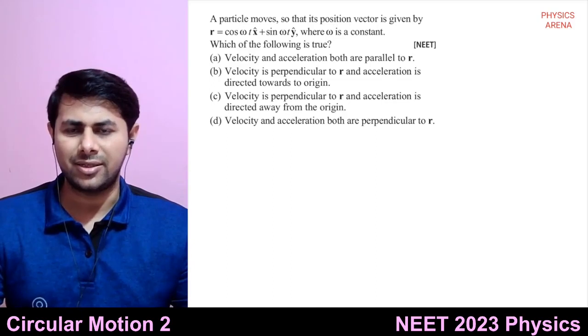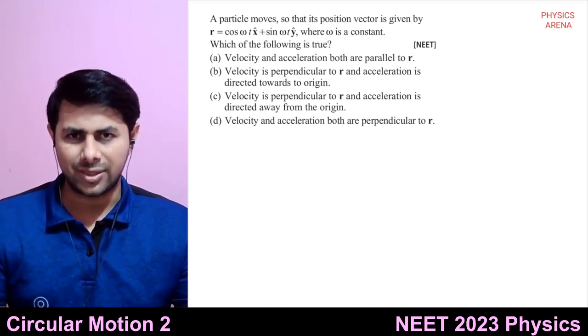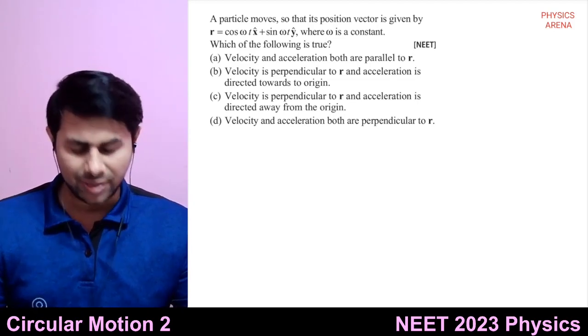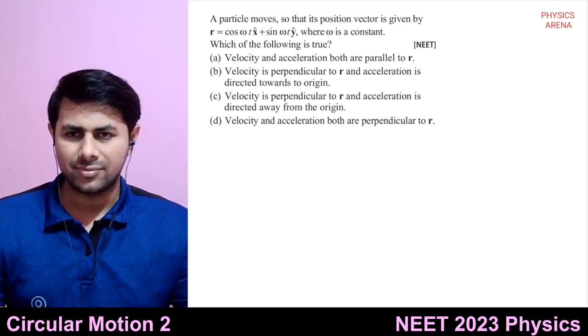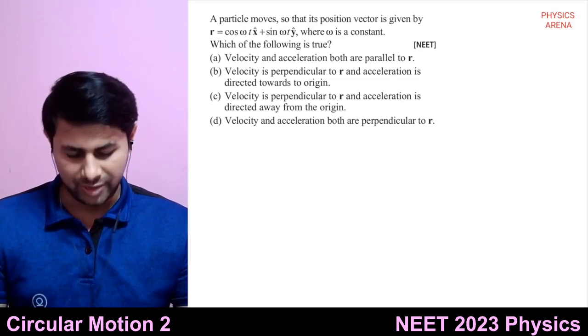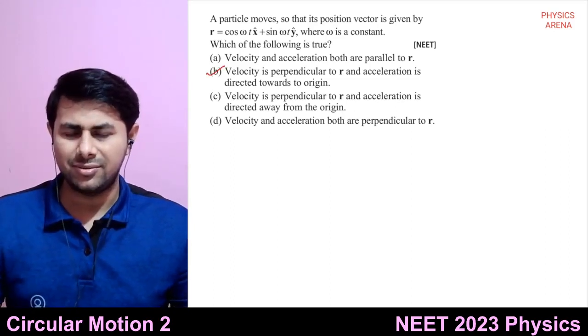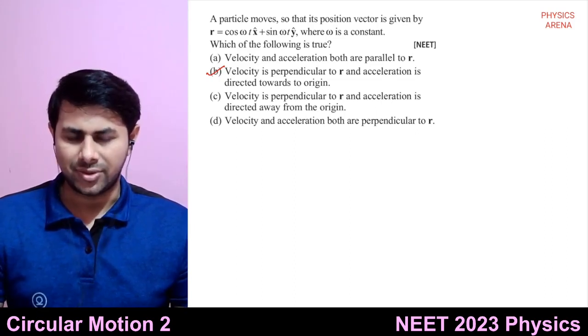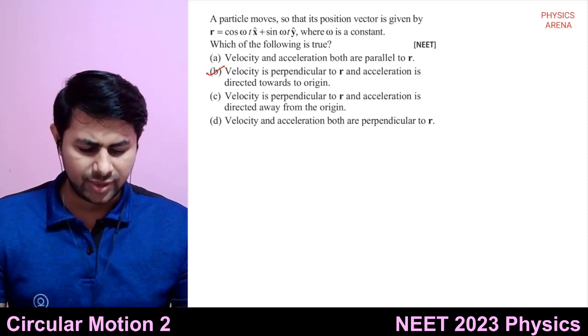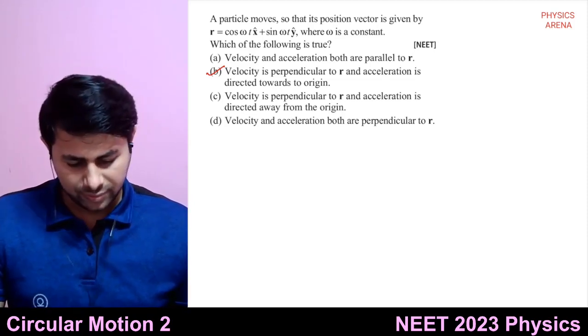The centripetal acceleration. Okay, it is along the radius towards the center. So which option? Option B. Okay, is it difficult? No, sir. Okay, this is from NEET, I guess 2016 or something.